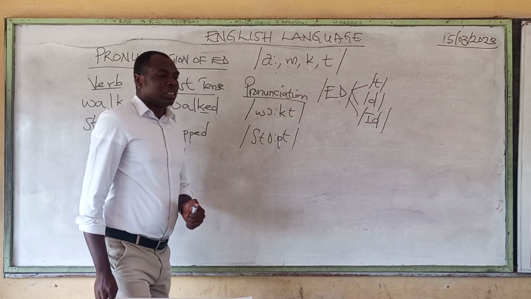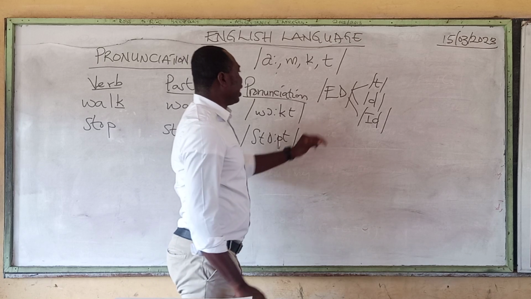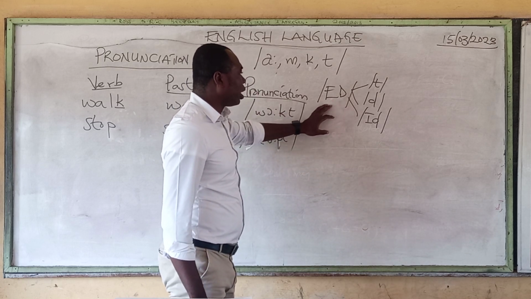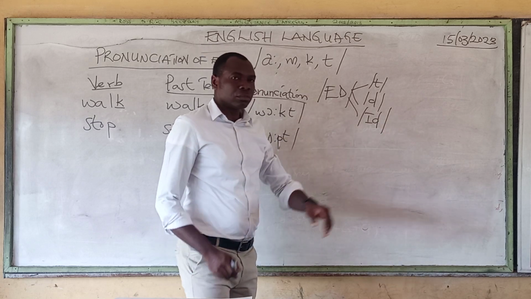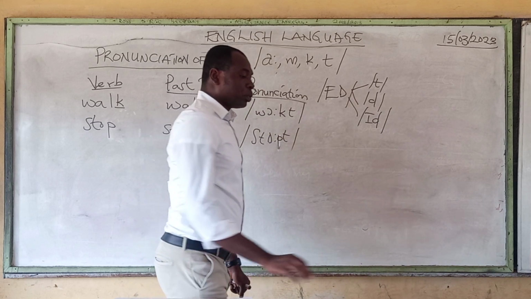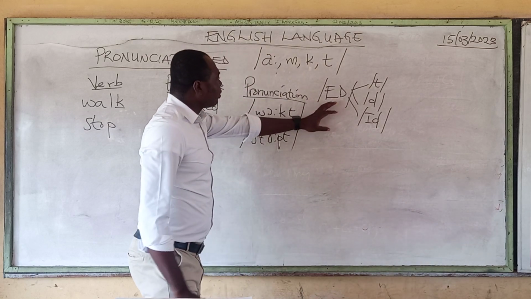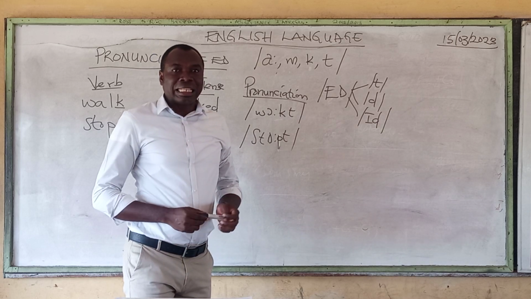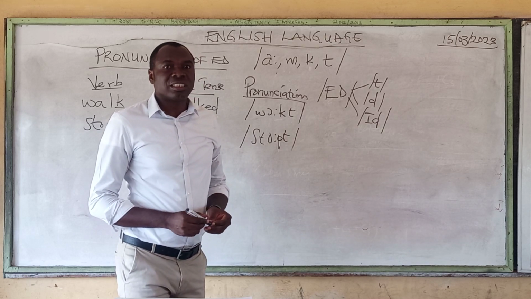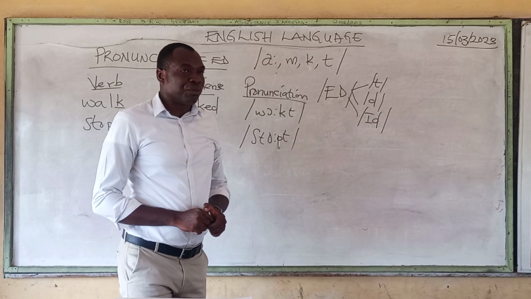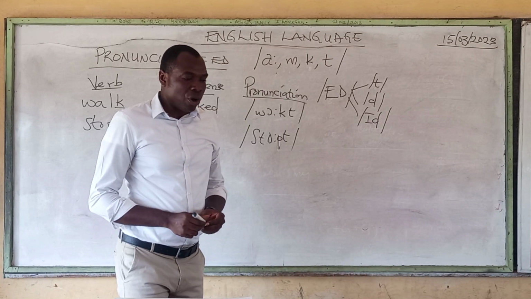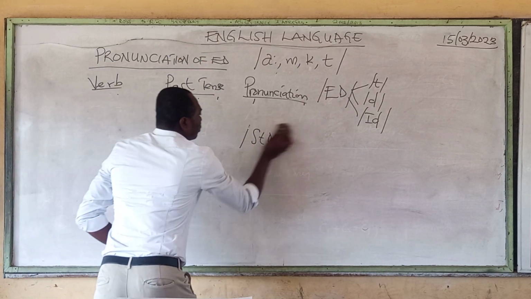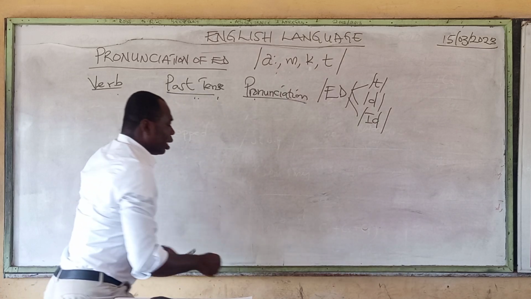All right. Now, let's look at a condition in which ED can also be pronounced as d. ED can be pronounced as d when the regular verb is ending in a voiced sound. When the regular verb is ending in a voiced sound. Example.